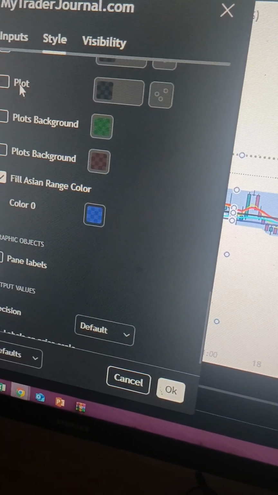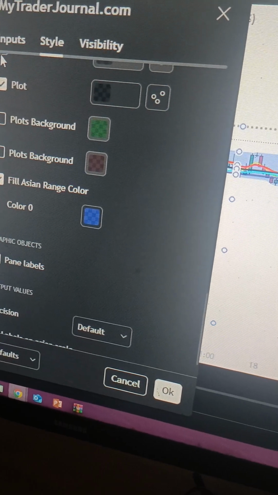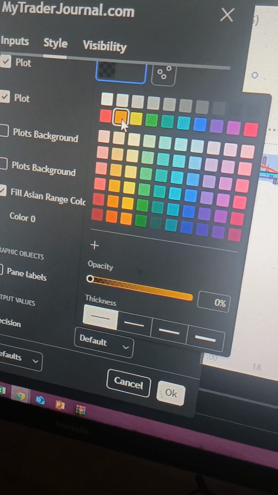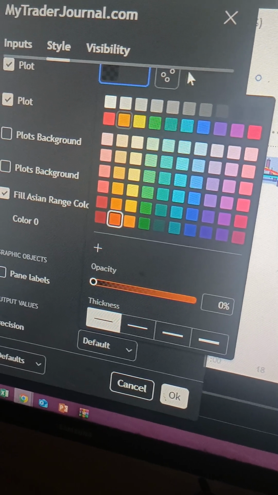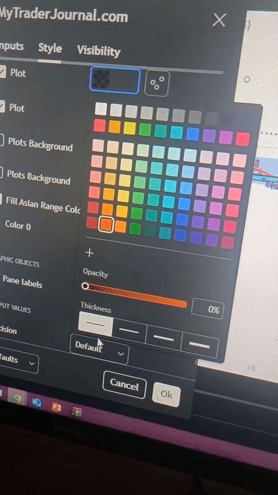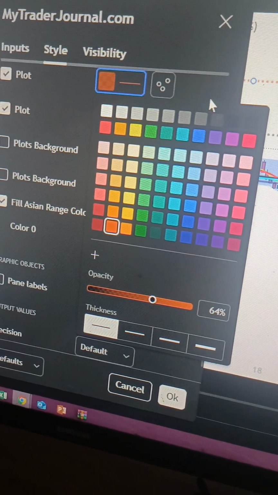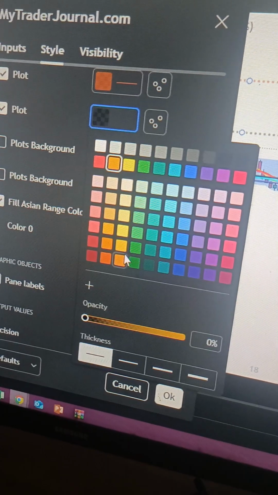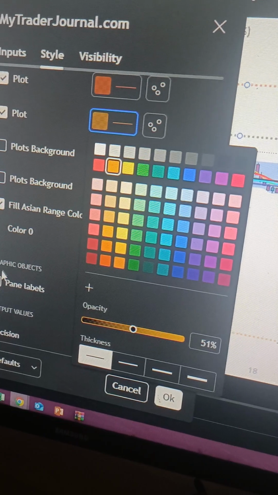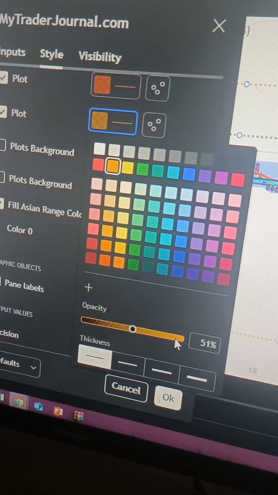For weekly high and low, which one would you prefer? Use this. Is it visible enough?